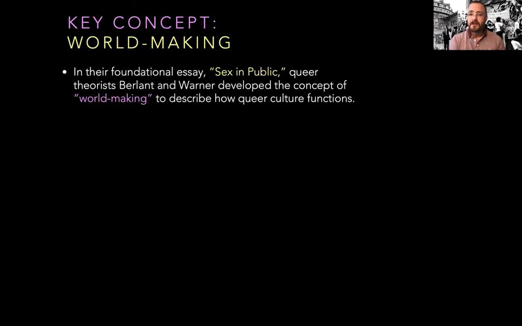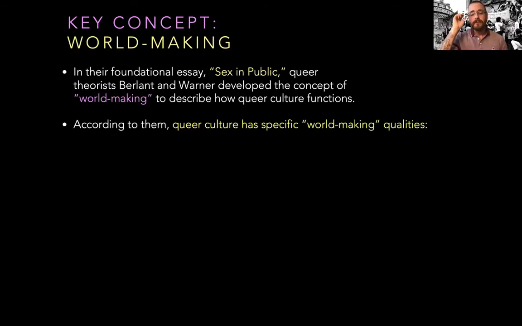So in this foundational essay, Sex in Public, queer theorists Lauren Berlant and Michael Warner develop a concept of world making to describe how queer culture functions. And I've clipped out the area where they talk about this quality of queer culture that they call world making. And according to these theorists, there are all different kinds of queer culture.